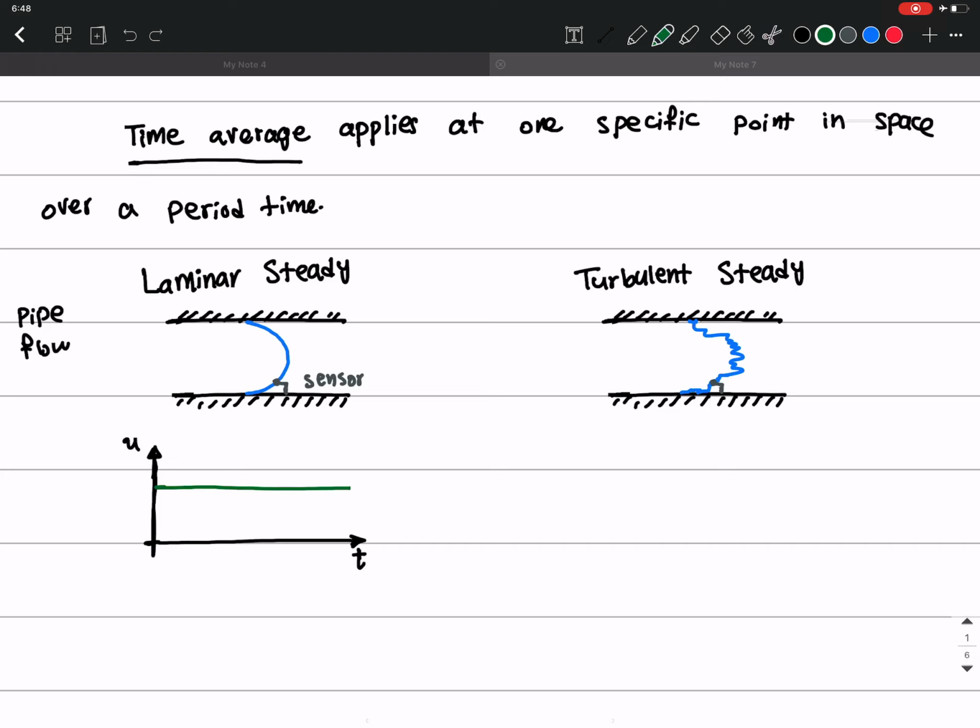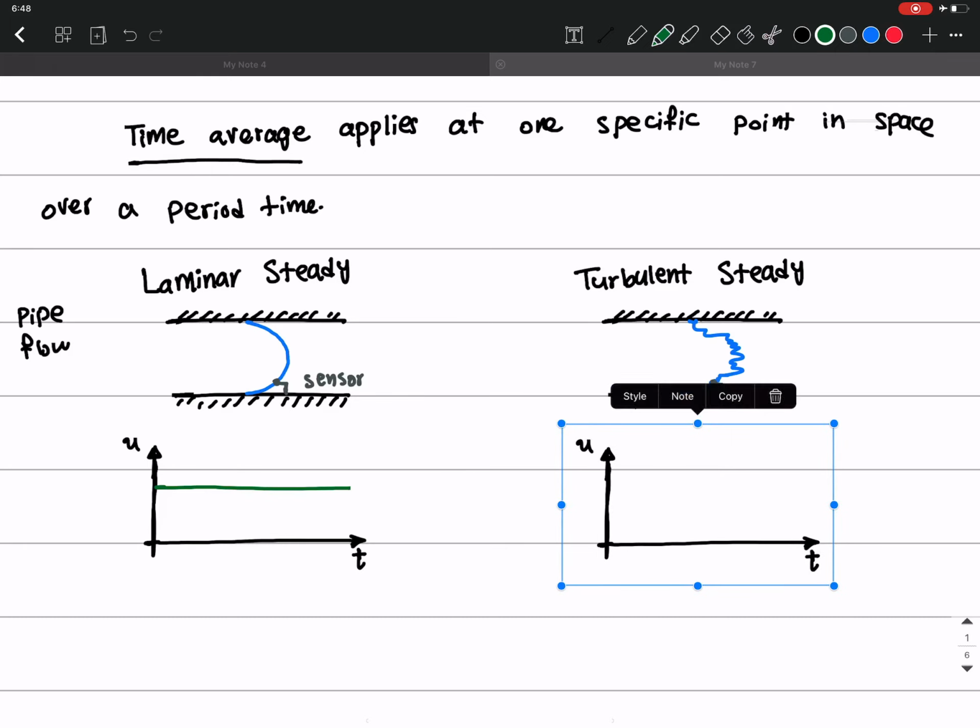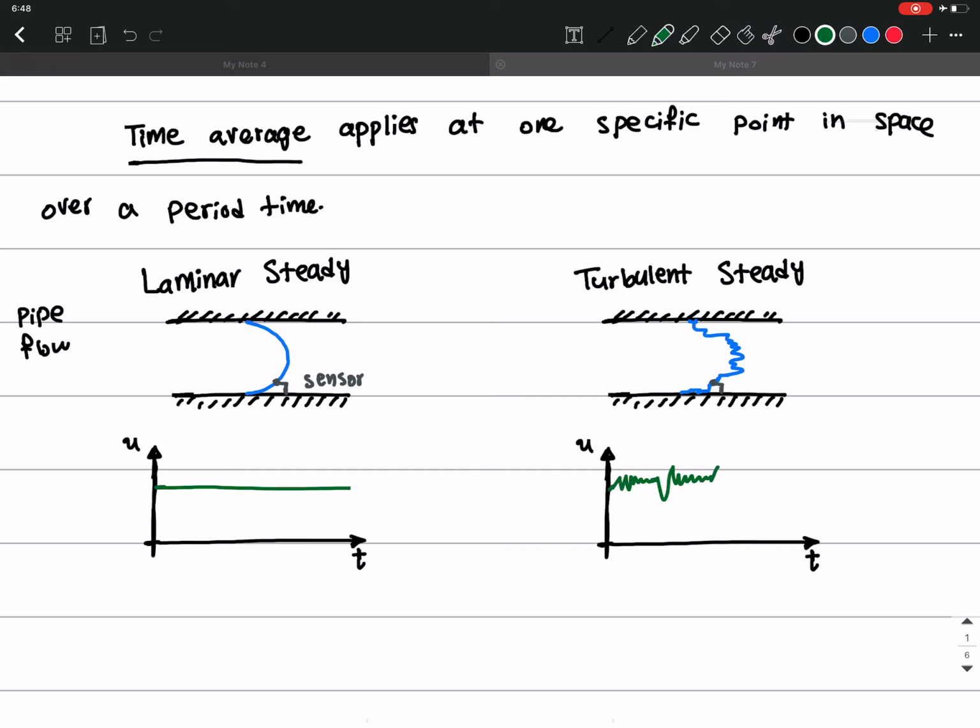Okay, so now let's look at how the velocity will change if we measure it in a turbulent flow. So in a turbulent flow, we are going to have a lot of fluctuations. So it might look like this. Okay, so this is turbulent. Now, we can take the time average for this specific location in space.